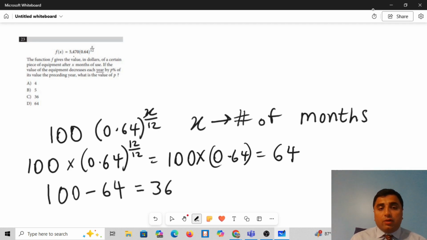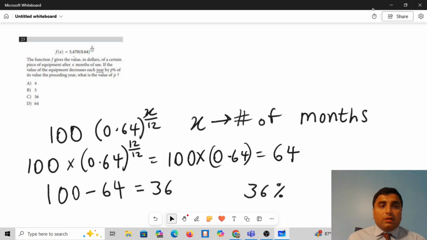And in order to put this in simple terms, I used 100 so that it'll be much easier to explain. So if the piece of equipment which originally was 100 decreased by 36, then that means that the equipment decreased by 36% of its original value.